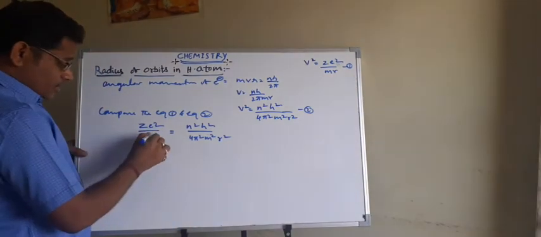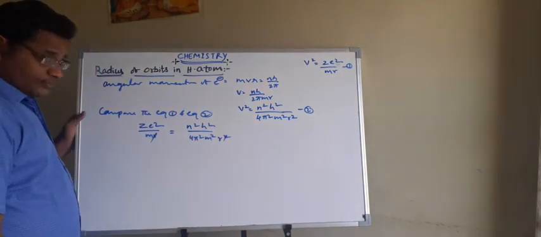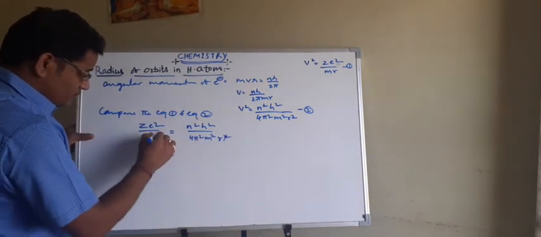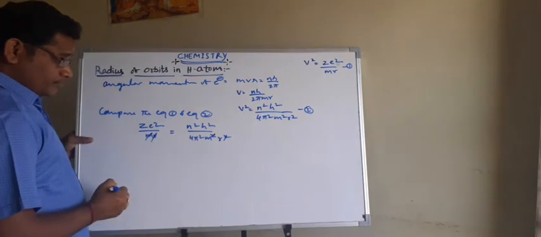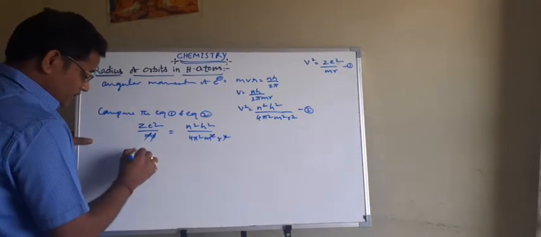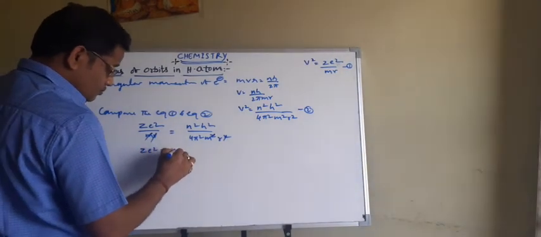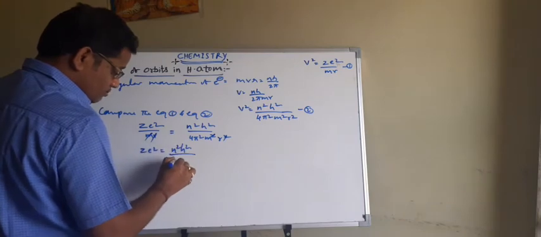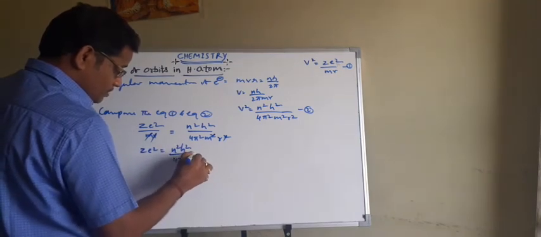Here r and r square cancel, and one m cancels. Then the remaining is Ze square equals n square h square divided by 4 pi square mr.